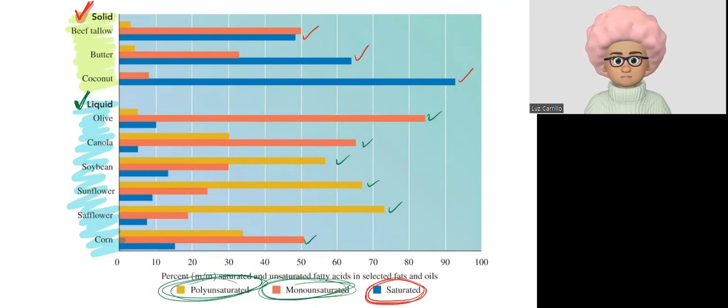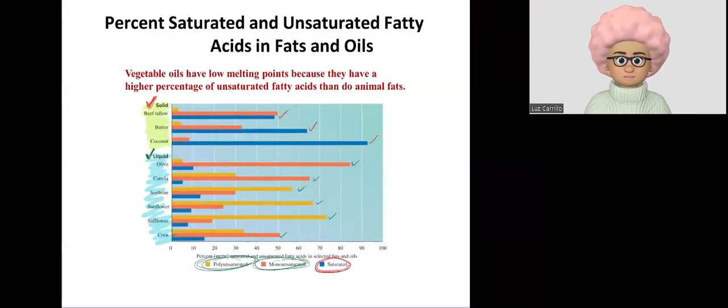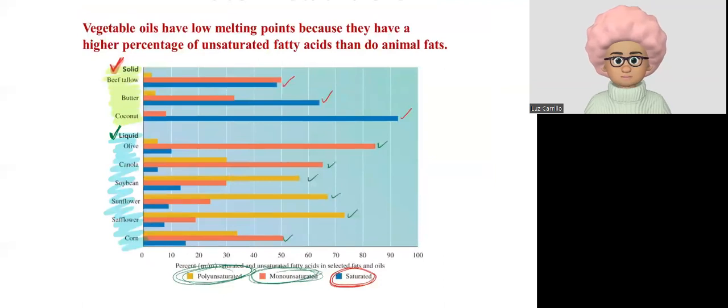So, as you can see, the fatty acids present in fats and oils affect not only their state of matter, but also their melting points. In the next slide, we're going to see a specific example.